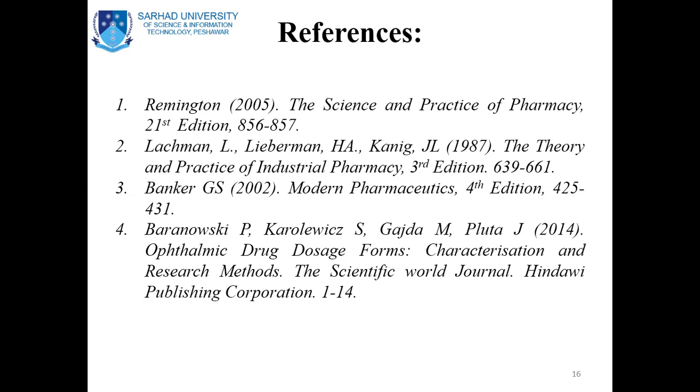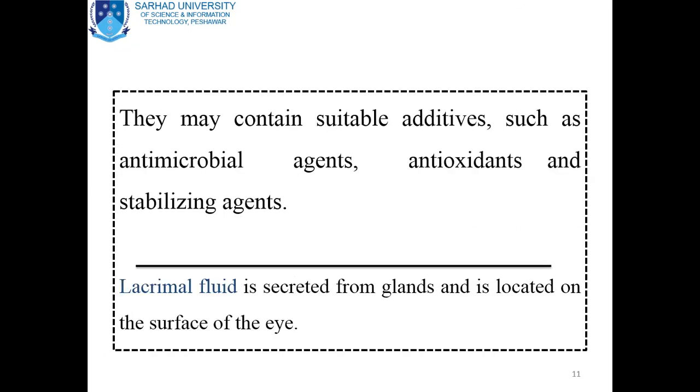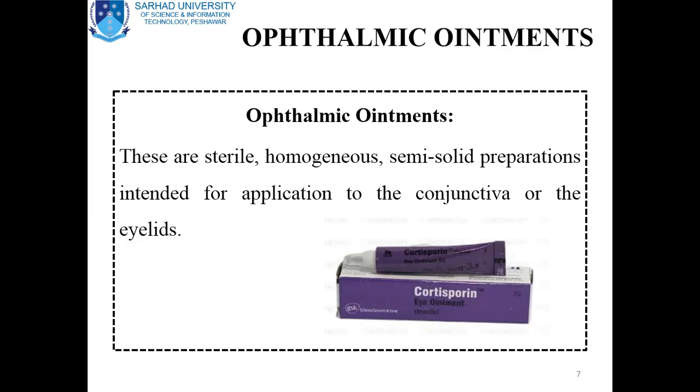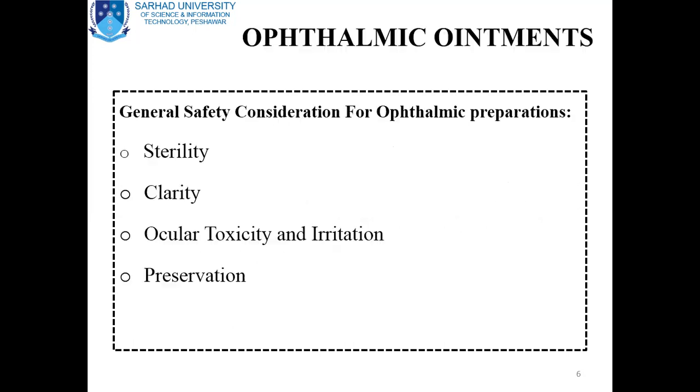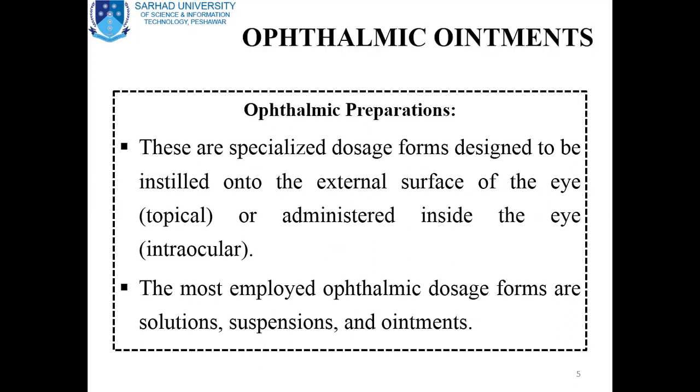Now review over today's lecture, in which we have studied the ophthalmic preparations. What is an ophthalmic preparation? First I have told you about the ophthalmic preparations, that are used for the eye, either the external surface of the eye or it may be administered inside the eye.